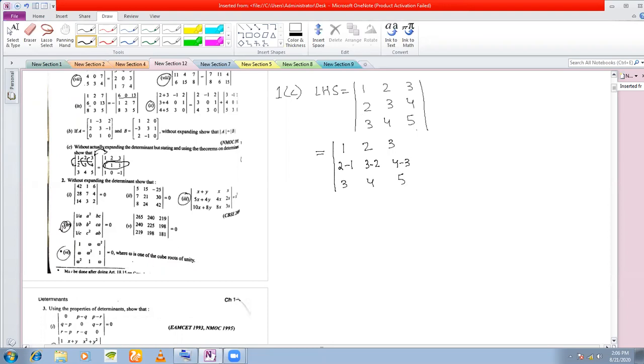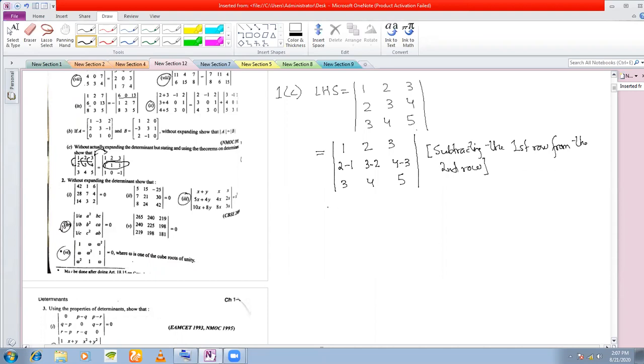I'm doing extra steps right now because this is the beginning. Later on I am going to do it directly. So what I do is write my steps: subtracting the first row from the second row.